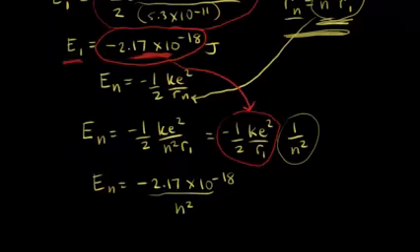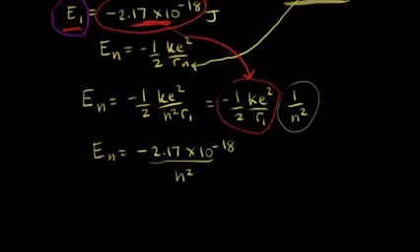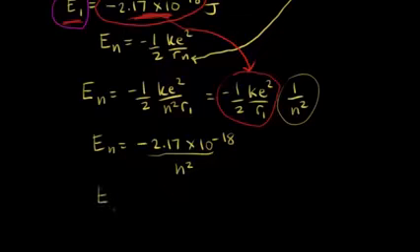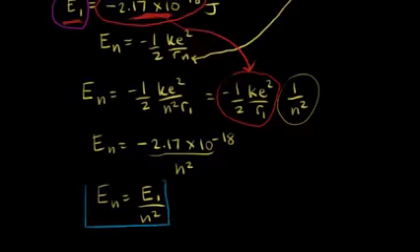And since that's equal to E1, we could make it look even shorter: the energy at energy level n is equal to the energy associated with the first energy level divided by n squared. Either one of these is fine. It doesn't really matter which one you use.